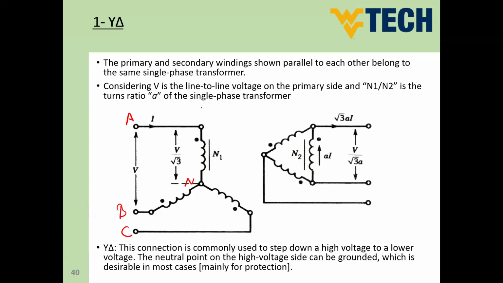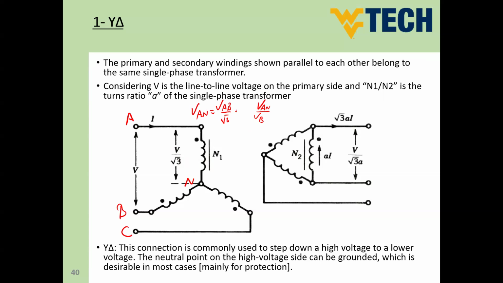So we have now VAN equals VAB divided by root 3. So this is the phase volt. And since this is 3 single phase transformers, so we have VAN divided by VB. I'm going to say B only.